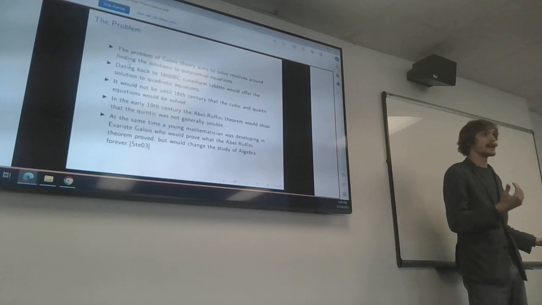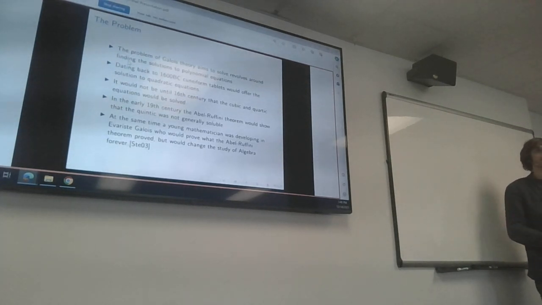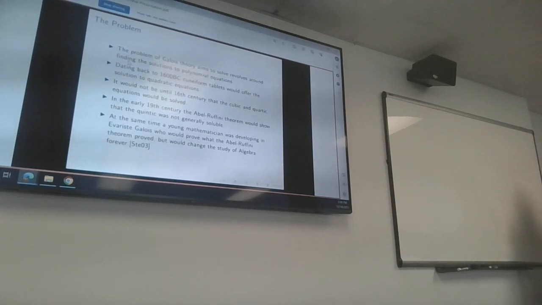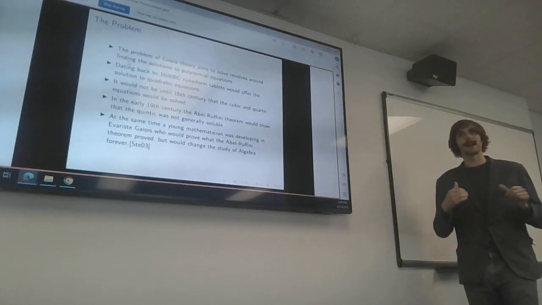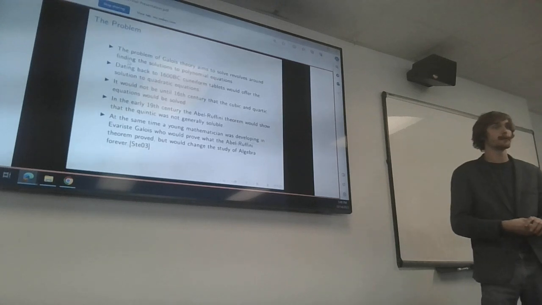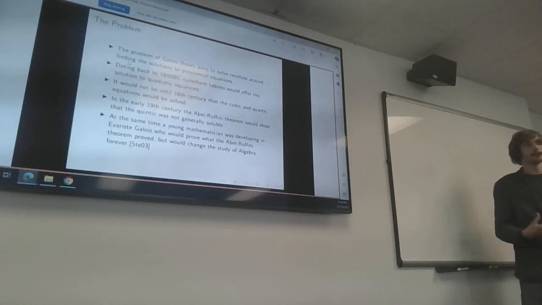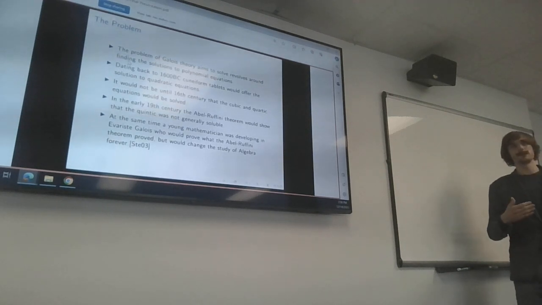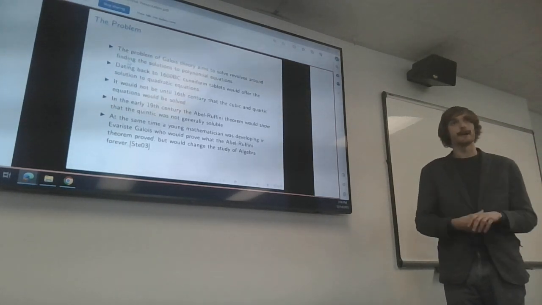We have some clay tablets that give an algorithm on how to solve quadratic equations. After that, we wouldn't really have a solution to a cubic equation, the equations of degree 3, until about the 1600s through Cardano, originally discovered by someone else, but published by Cardano.